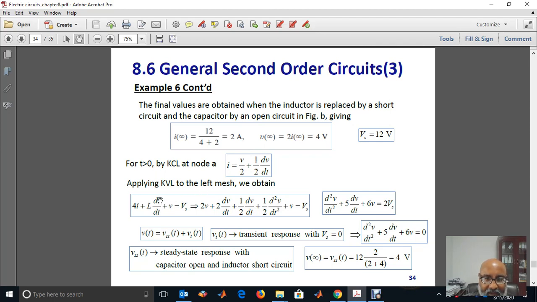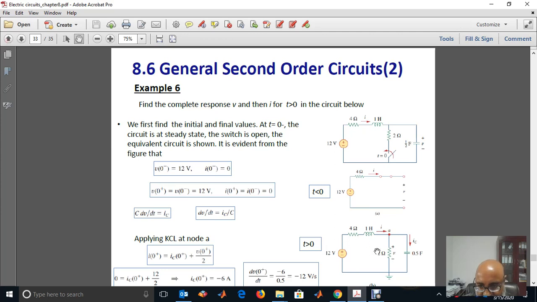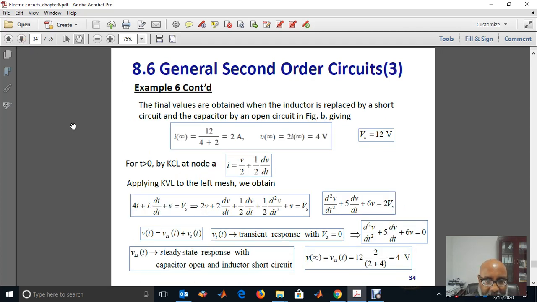And applying KVL to the left mesh, in this mesh we have 12 volt equals 4I plus L di by dt plus the voltage V, which is Vs. Then we substitute I, and after simplification we have this equation.